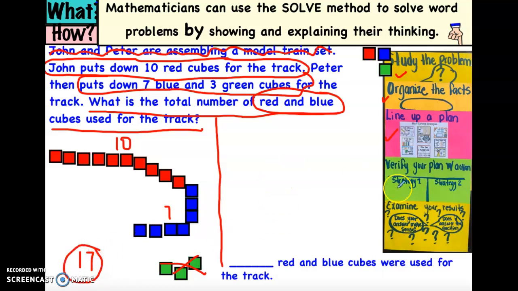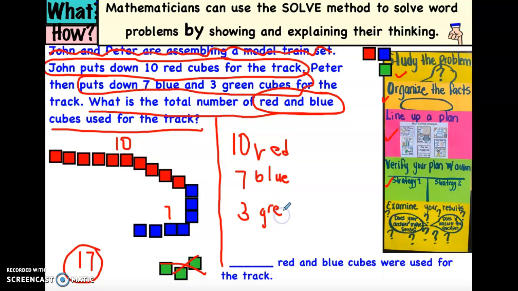So let me verify my plan with a different action. So I use my manipulatives for the first one. Let me use a number sentence for the next one. He has 10 red, right? And then he has 7 blue. And then he puts 3 green, right?